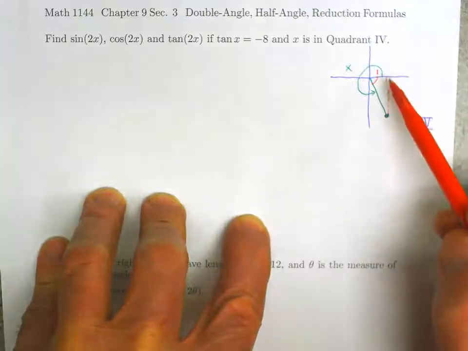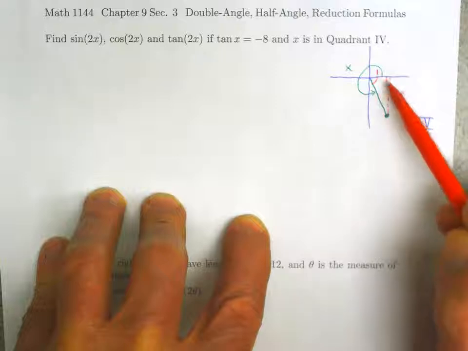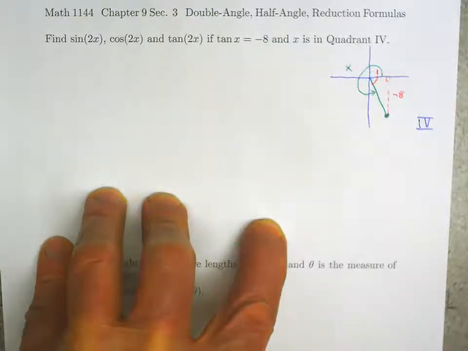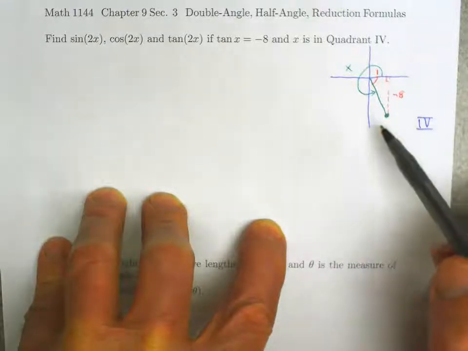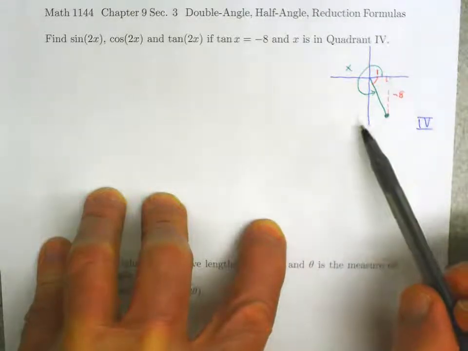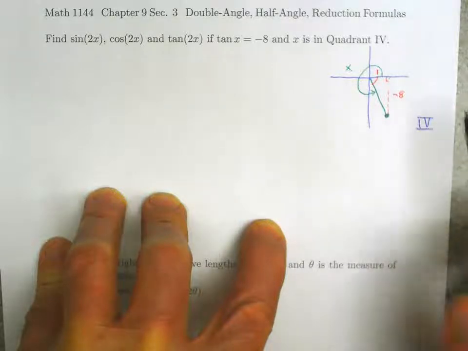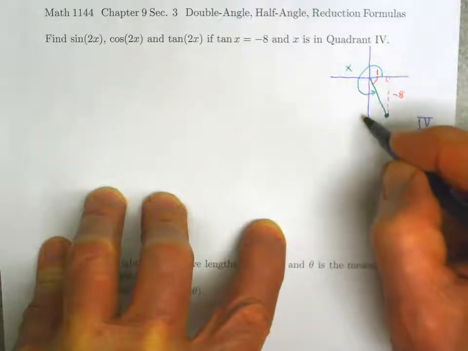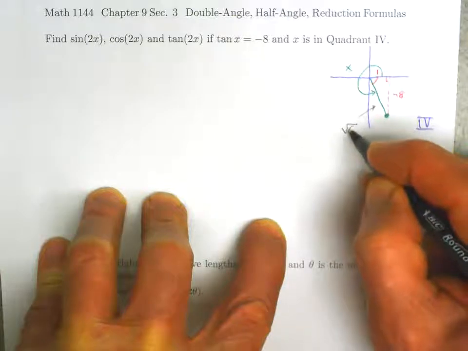So the tangent of that angle is opposite over adjacent, -8 over 1. And so the hypotenuse of the right triangle is the square root of 1 squared plus the number -8 squared. So the square root of 65 is the length of the hypotenuse.